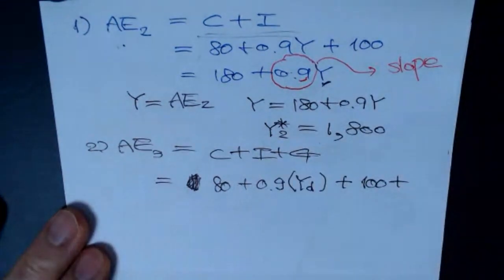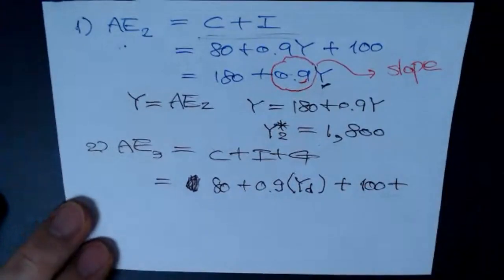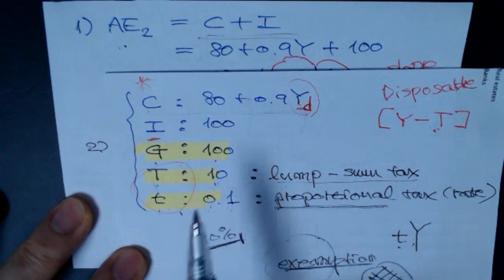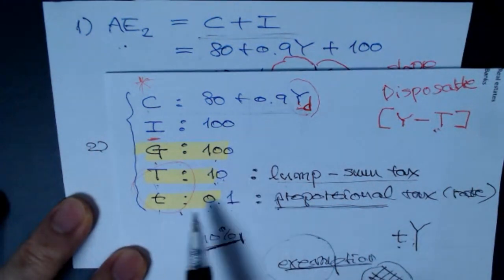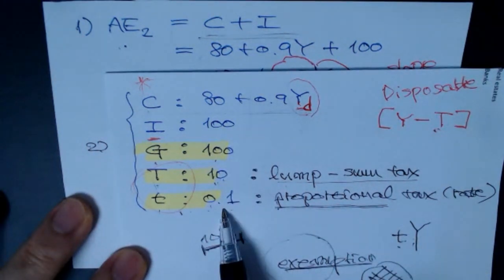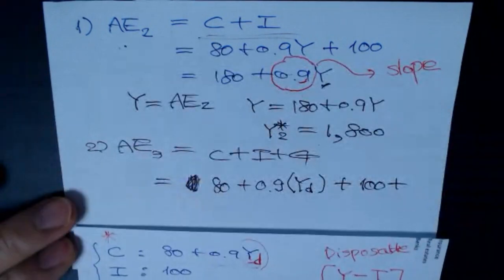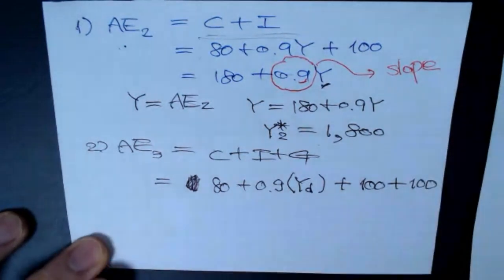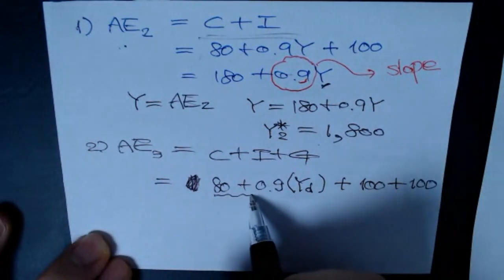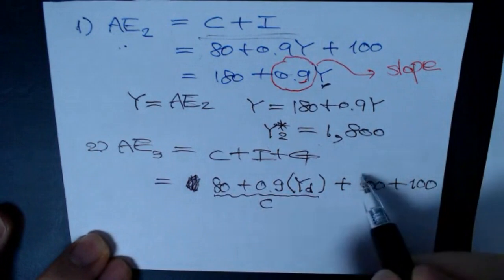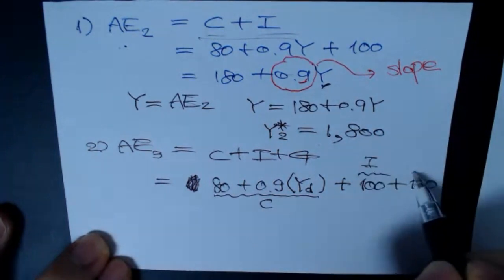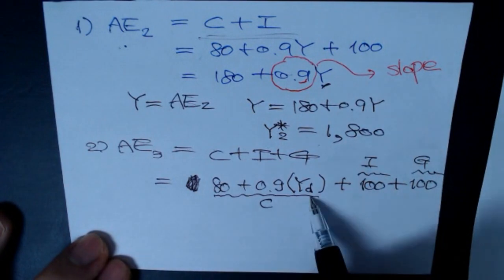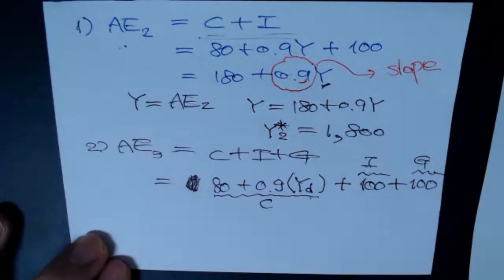Now we have to add G. How much was G? G was 100. And the tax is 10, tax rate 10%. So we add this information here. G is 100. This is C, this is I, this is G. It hasn't finished because of this disposable income.